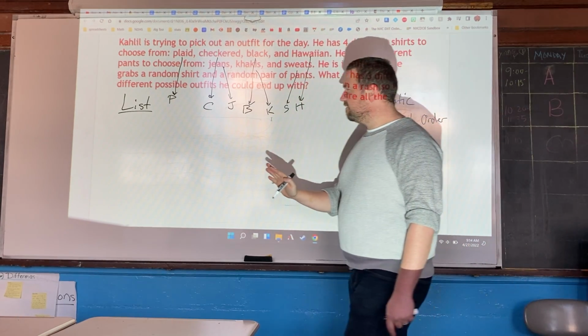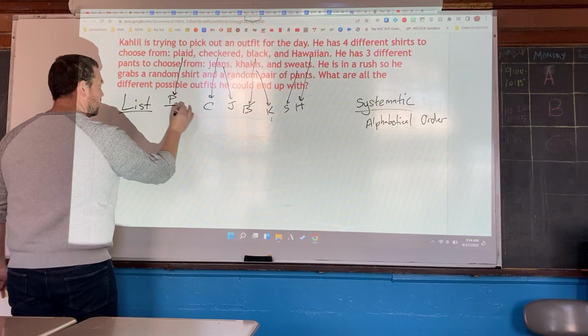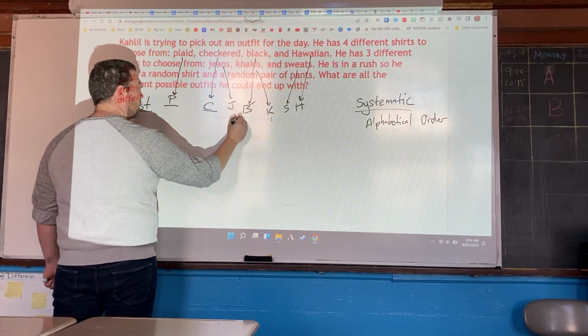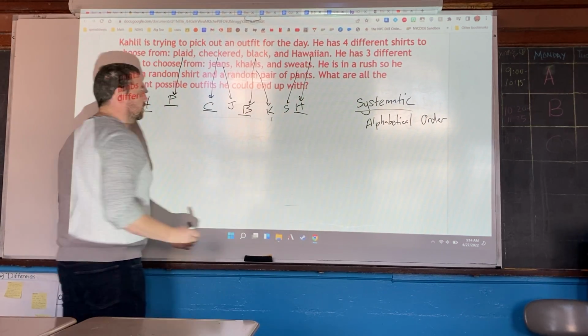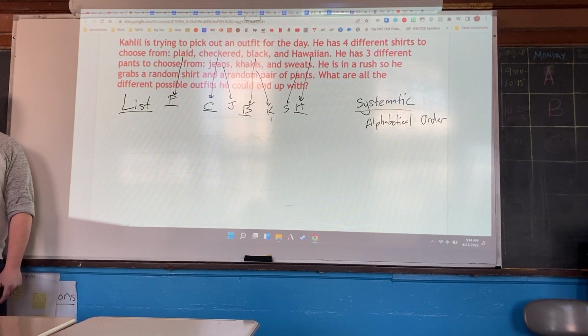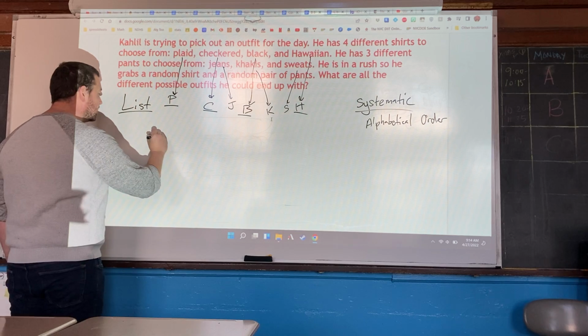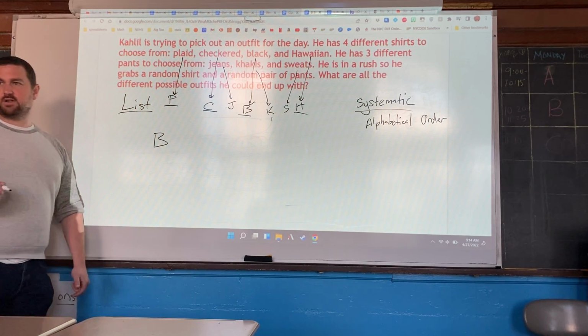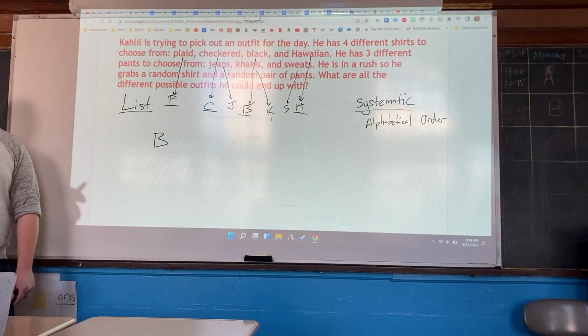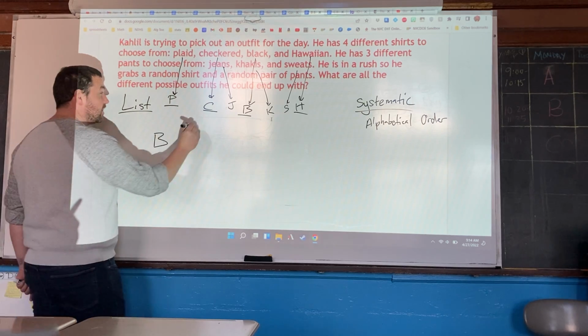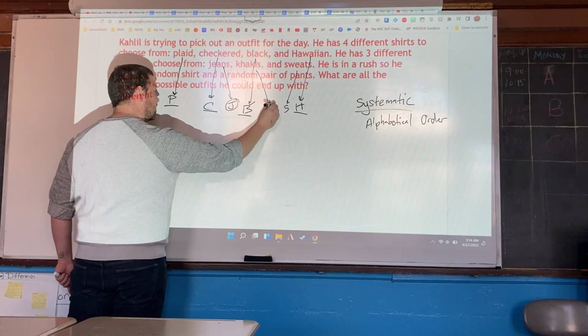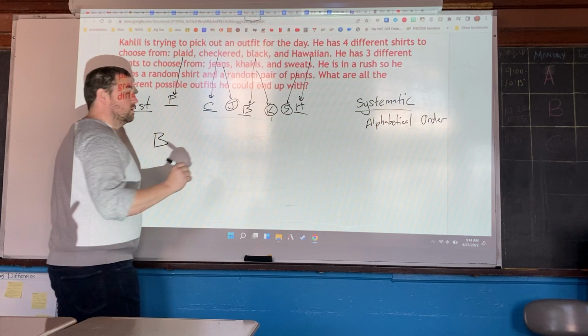We have 4 shirts, P, C, B, and H. Of those 4 shirts, which is the first alphabetical? B. I'm going to start by finding all the black shirt combinations. Of the black shirts, he could wear jeans, khakis, or sweats.